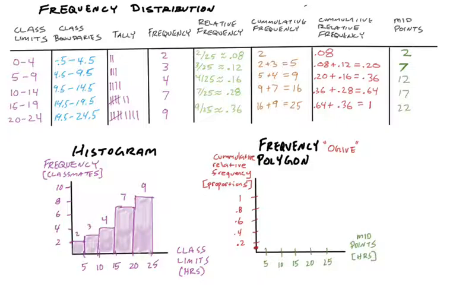So we don't necessarily need to label the points we're plotting. A lot of times we just want to label some nice values on that x-axis. But we know the midpoints are going to be in the middle of these. So there we go. So we're going to go ahead and plot these.